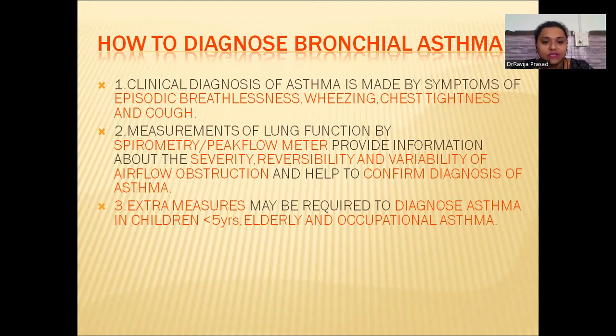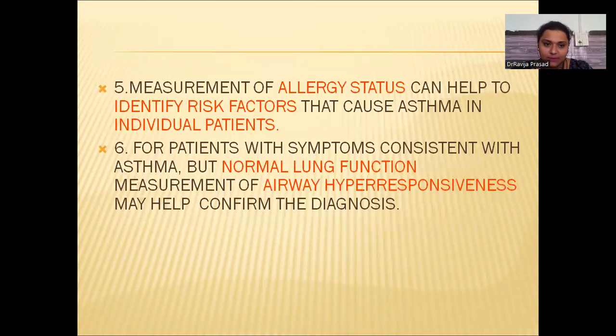The second is measurement of lung function by spirometers and peak flow meters, which provide information on the severity, reversibility, and variability of airflow obstruction, and help to confirm the diagnosis of asthma. The third point is that extra measures may be required to diagnose asthma in children more than 5 years, the elderly, and occupational asthma.